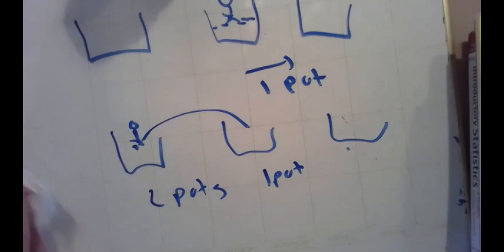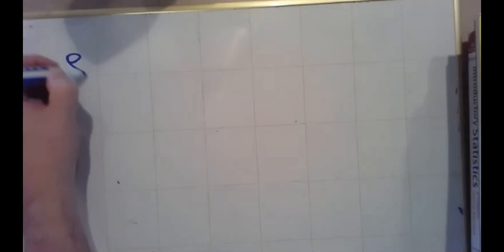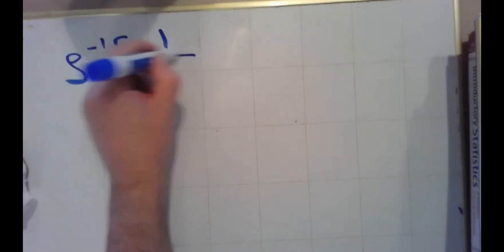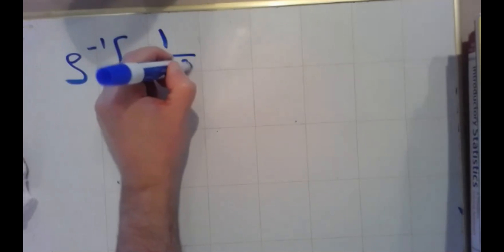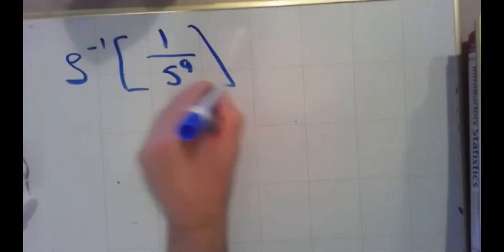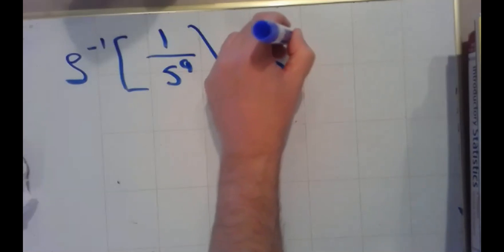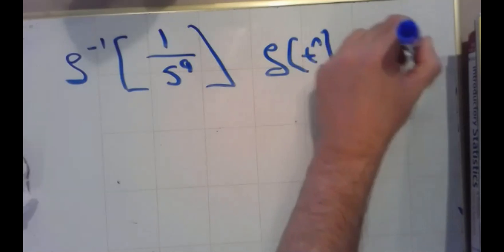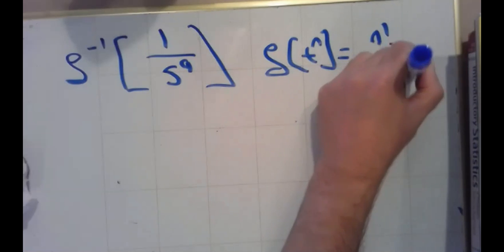But that is the key to most of DE. When somebody hands you a problem you don't immediately know the answer to, turn it into something that looks familiar. So if I wanted the inverse Laplace transform of 1 over s to the 9th, I'm going to use this formula that the Laplace transform of t to the n is n factorial over s to the n plus 1.